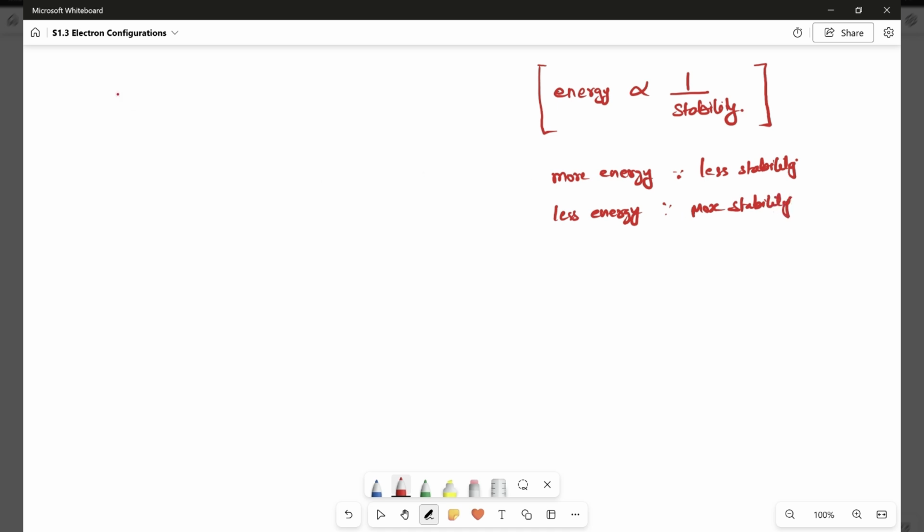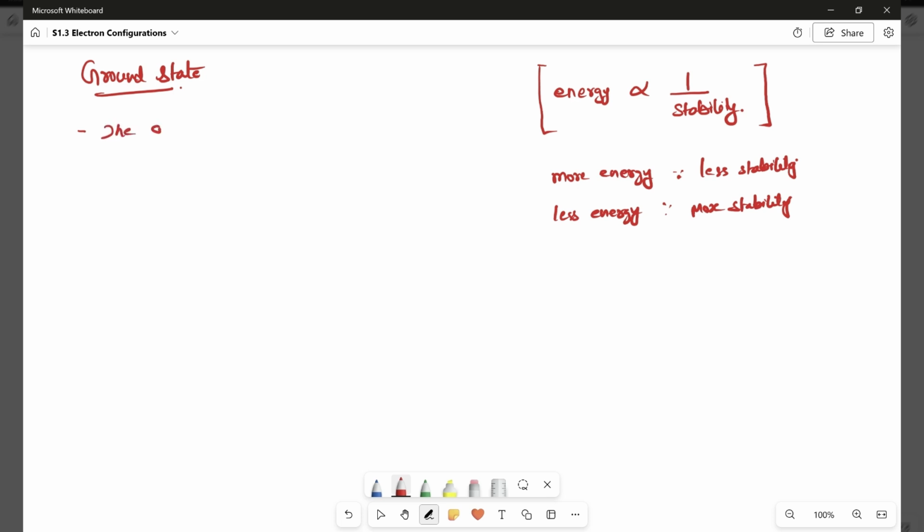So let's think about what is happening at the ground state. So the ground state is the most stable electronic configuration, right? Because an atom which has the lowest amount of energy has more stability.